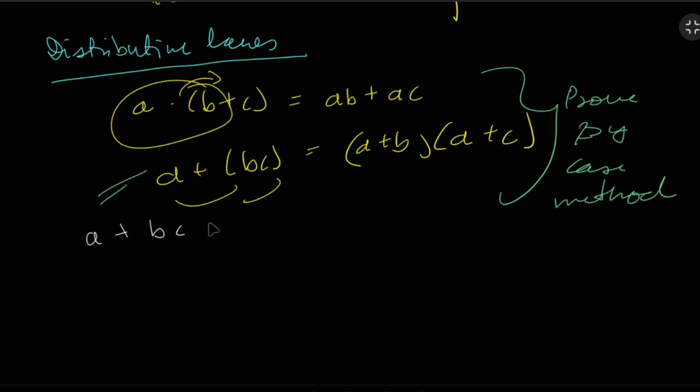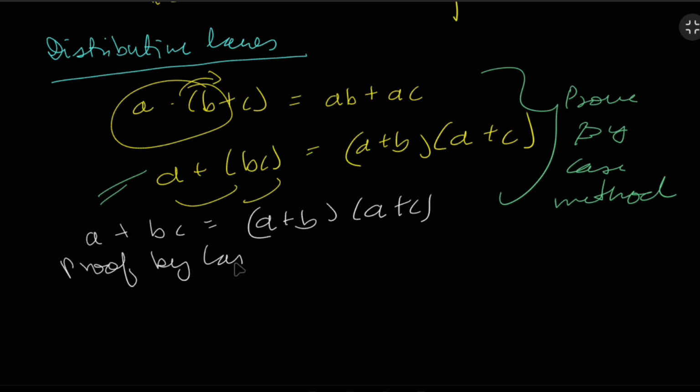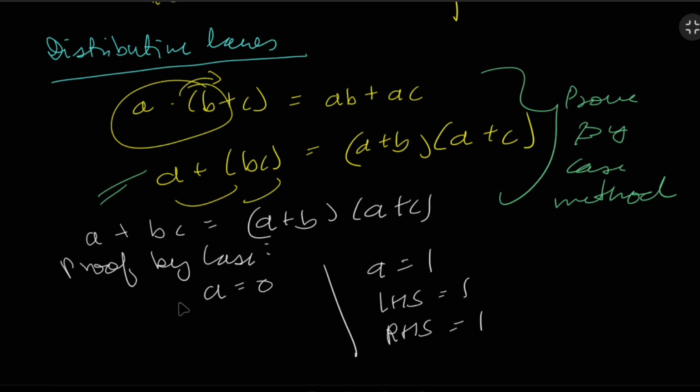A plus BC equals (A plus B) and (A plus C). Then what will be the proof by case? A will be 0, A will be 1. If A is 1, then LHS will be 1 and RHS will be 1. If A is 0, LHS will be BC, RHS will be BC. So we'll get same.